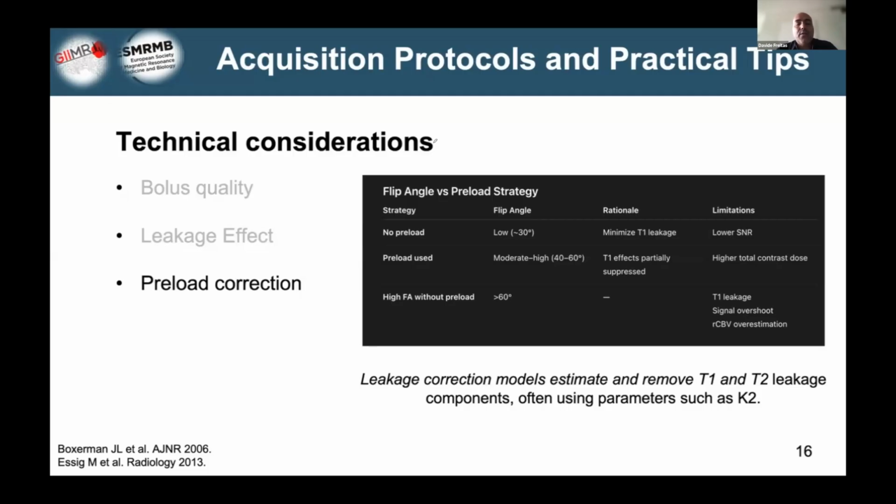This partially saturates the T1 effects in tissues and reduces the impact of the contrast extravasation during the dynamic acquisition. In addition, post-processing leakage correction algorithms can be applied to compensate residual T1 and T2 star effects. These approaches are often used together in high-grade tumors.